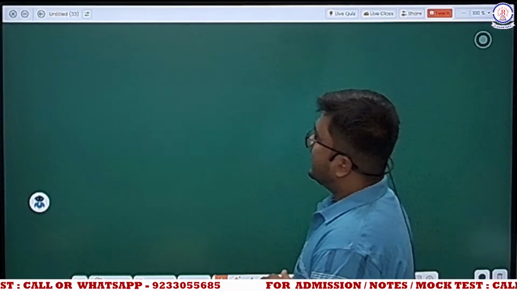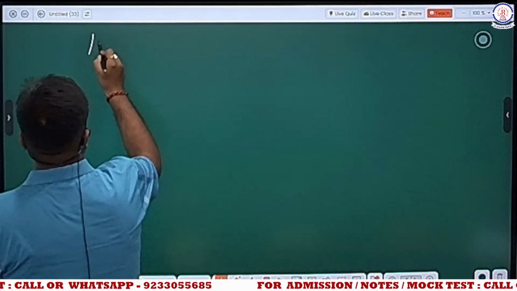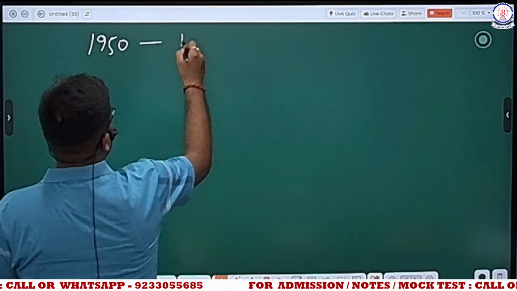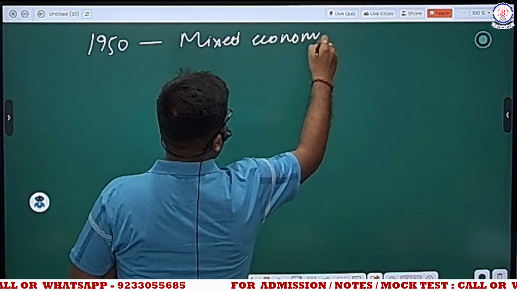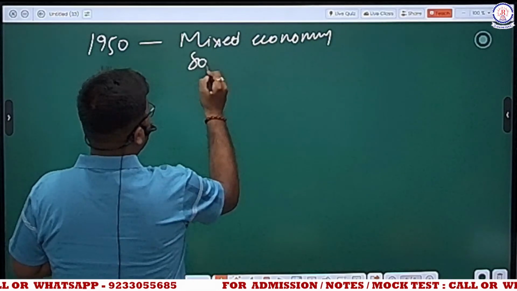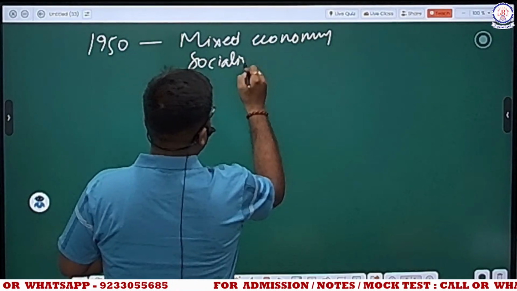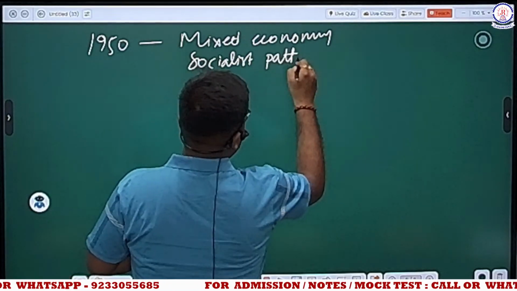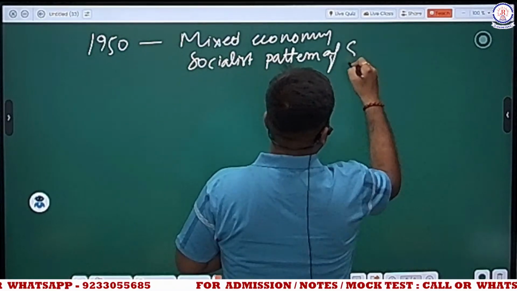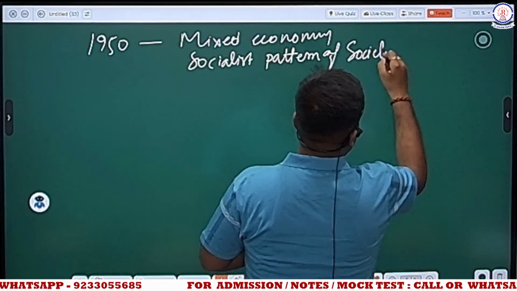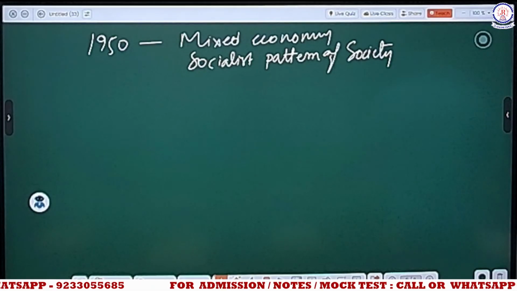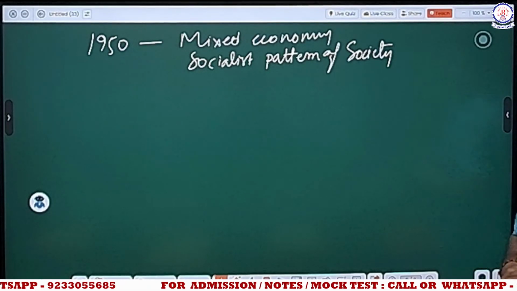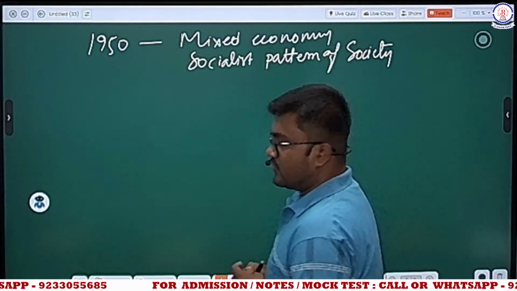So India accordingly adopted a mixed economy and a socialist pattern of society, that is a welfare driven approach. Now how were these economic policies implemented?